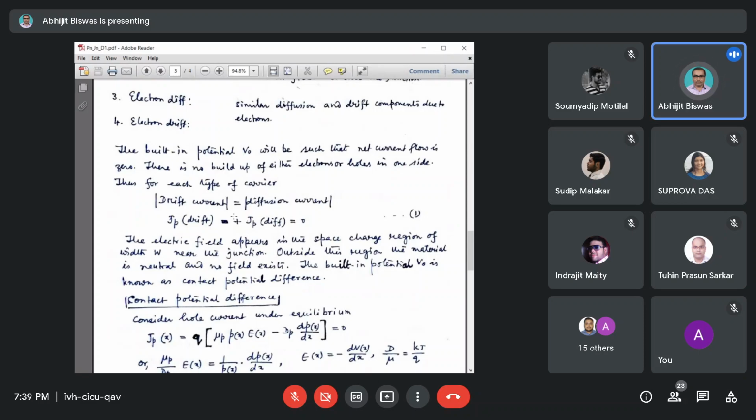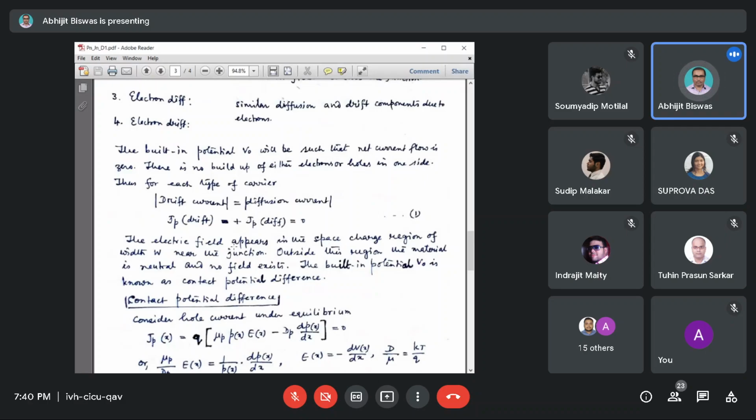The electron drift current component will be balanced by the diffusion current of electrons. Similarly, the drift current of holes will be balanced by the diffusion current of holes.